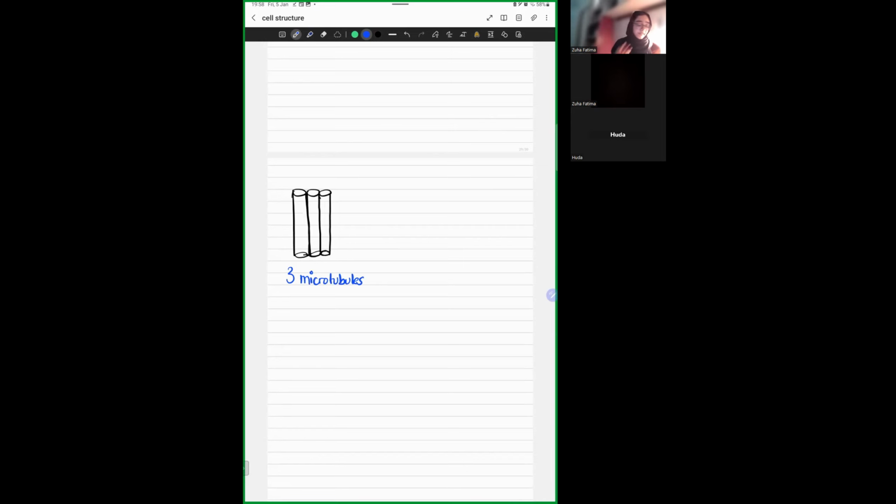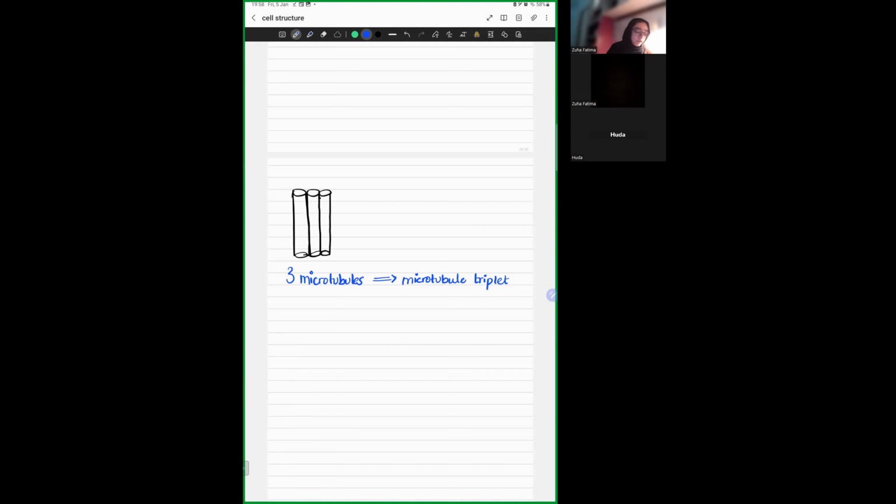Can I say that this structure is basically a microtubule triplet? Why? Because three microtubules are attached to one another, they're connected to one another, and I can call this structure a microtubule triplet. ठीक है जी?